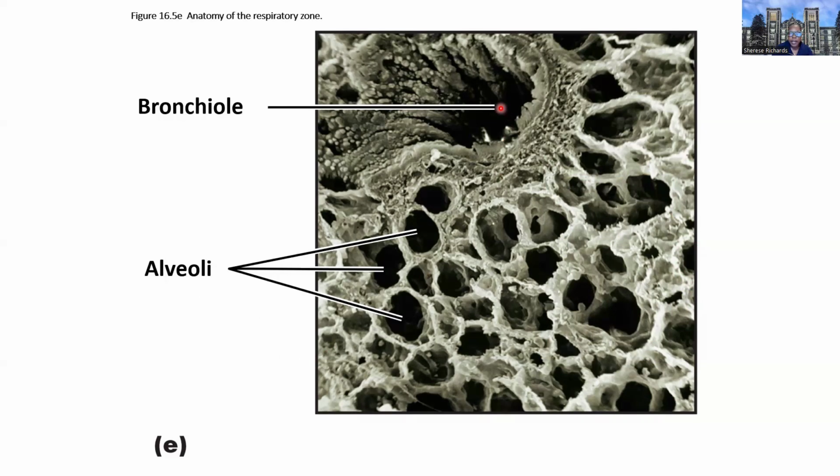So this is just comparing the diameter of a bronchiole versus the diameter of alveoli, right? So these are some of the alveoli, very abundant, a lot of surface area, and very thin in terms of facilitating that exchange.